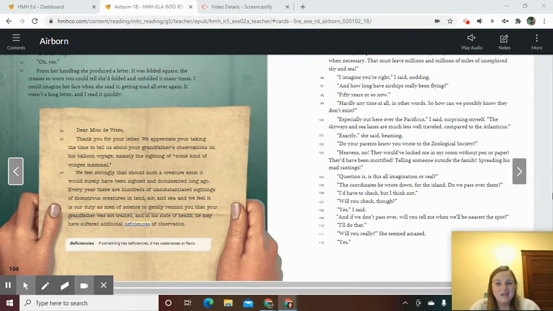Question is, is this all imagination or real? The coordinates he wrote down for the island, do we pass over them? I'd have to check, but I think not. You will check, though? Yes, I said. And if we don't pass over, will you tell me when will be nearest the spot? I'll do that. Will you really?